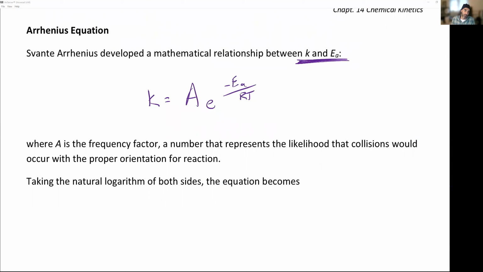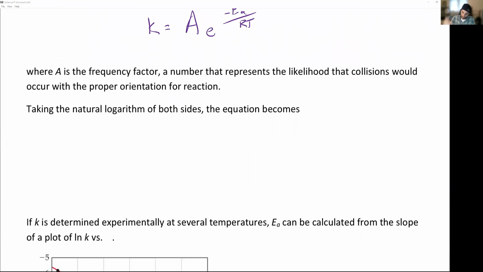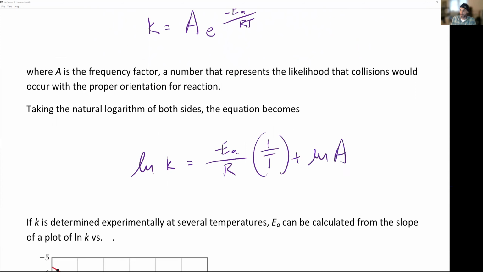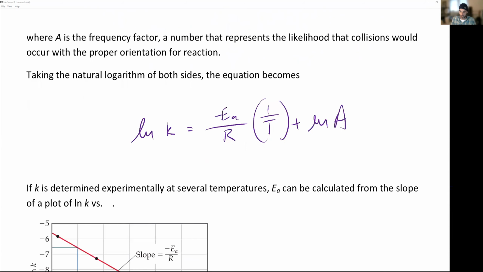Don't need to know this one really either. It's just this frequency factor. And applying some math to it, essentially what it looks like is the natural log of lowercase k is equal to negative activation energy over R times 1 over T, plus the natural log of that frequency factor. Again, don't really need to know that.